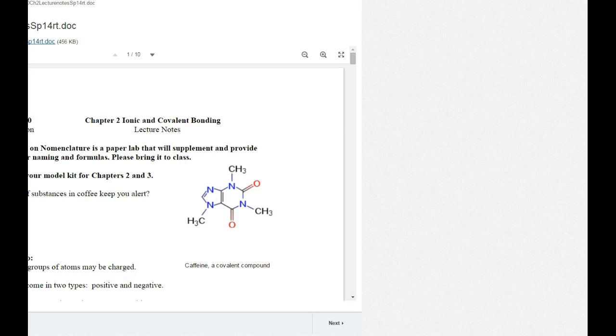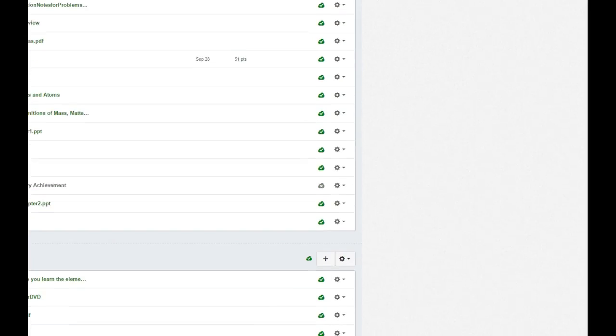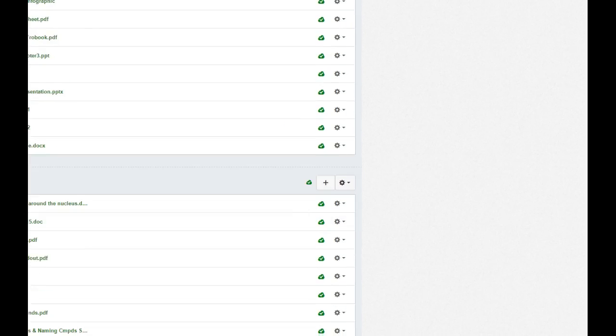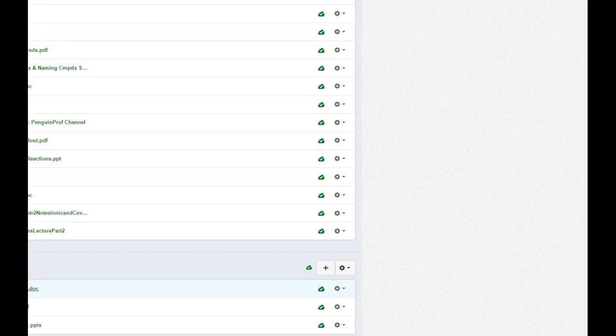Okay, so yesterday, what we worked on, we started working on, let me open up the lab on the computer too. We started working on the ionic portion of the lab, on nomenclature.